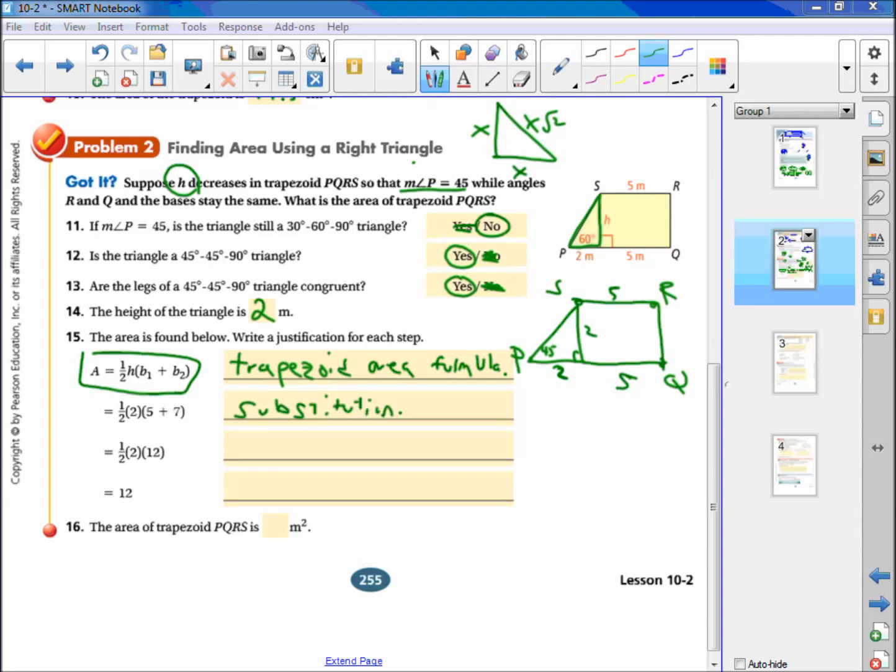Okay, so we are substituting 2 for the height, and then 5 and 7 for our bases. All right, and then we're going to add together the 5 and 7, okay? And then we're going to find our product by simplifying. Okay, and when we're done, we get an area of 12 meters squared.